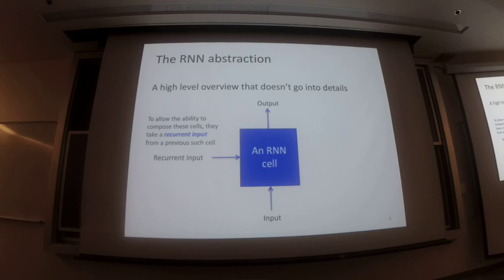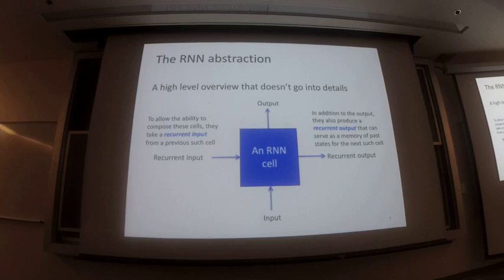So together with the original input and the recurrent input, the RNN cell produces the recurrent output and then the output on top here.